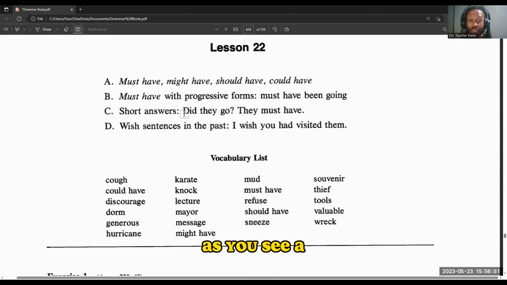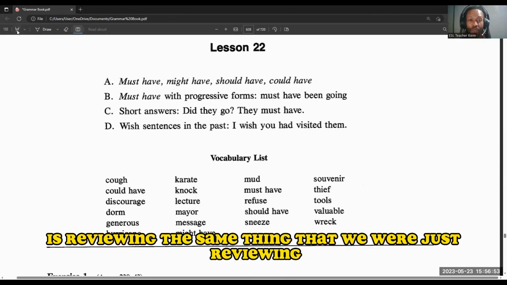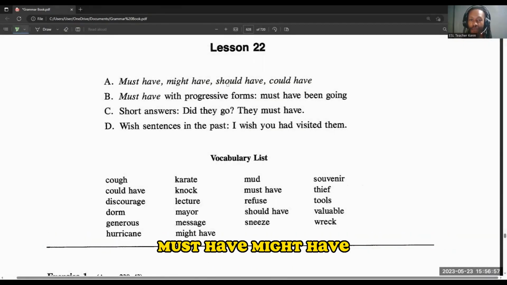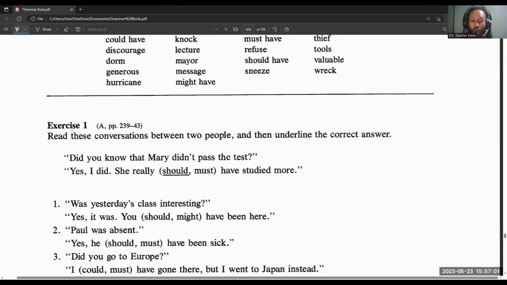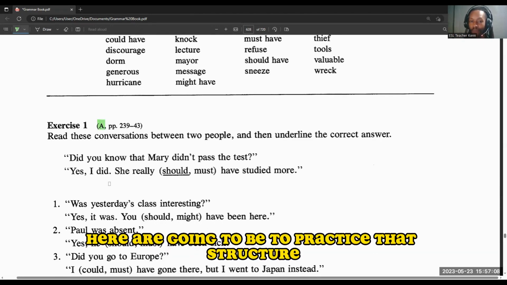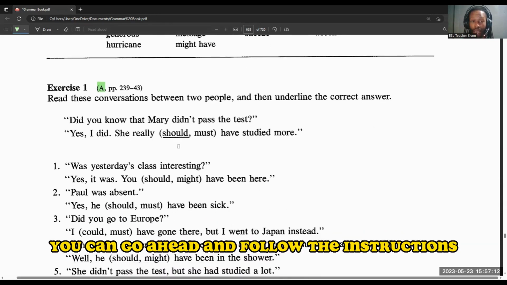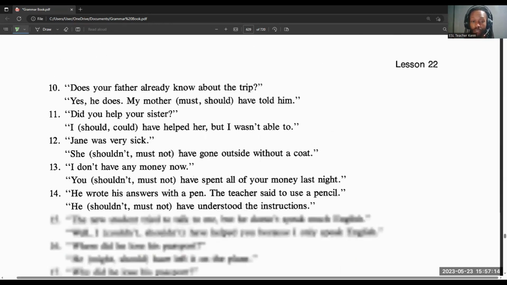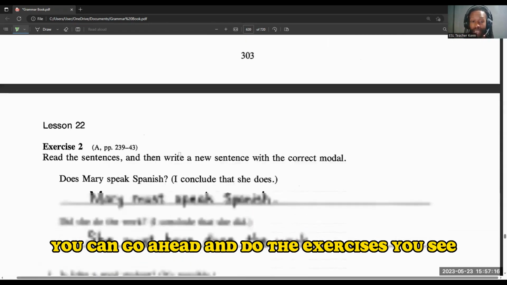302. As you see, A is reviewing the same thing that we were just reviewing. Must have, might have, should have, could have. So all the exercises that have an A here are going to be to practice that structure. You can go ahead and follow the instructions and do the exercises.